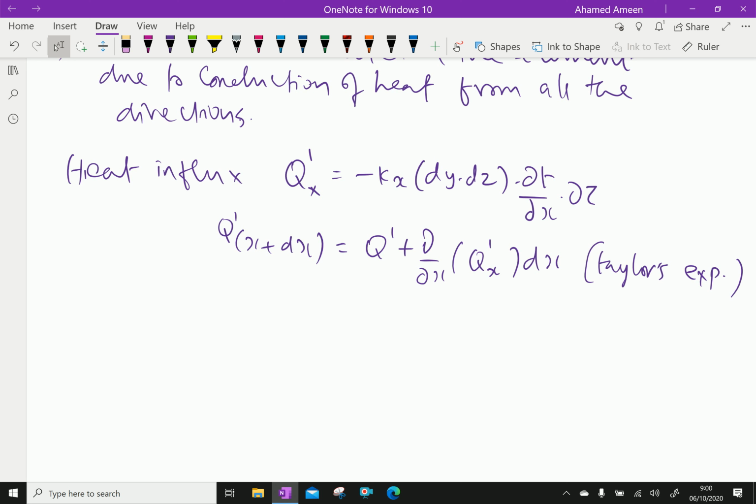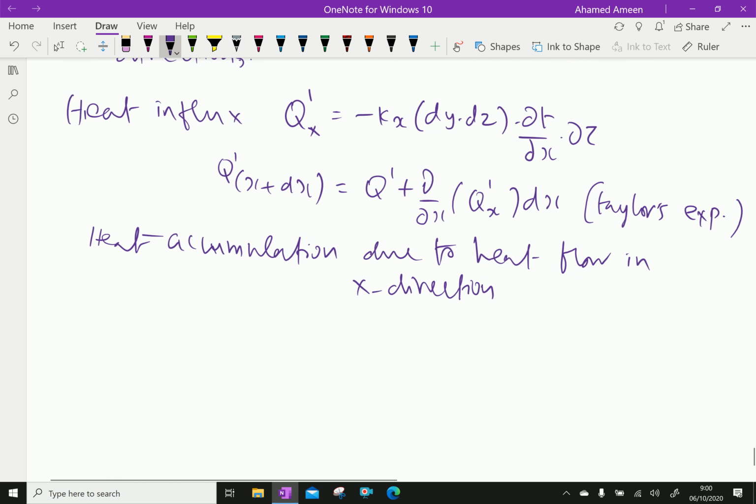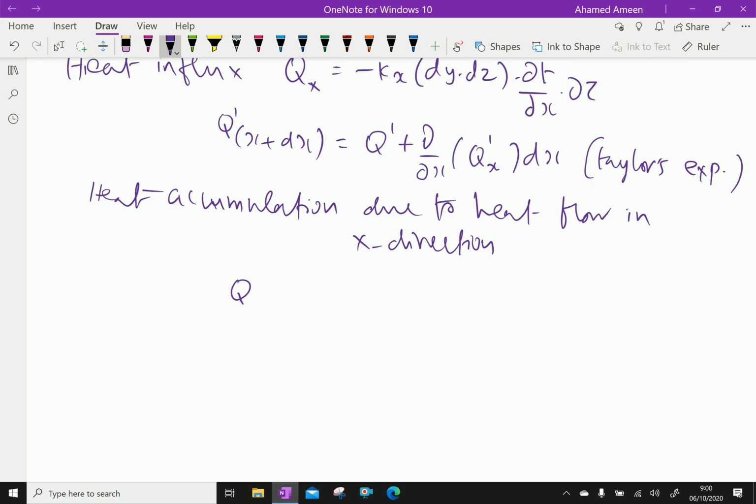Now, the net heat accumulation due to heat flow in the x direction is dQ'x equal to Q'x minus Q'x+dx.